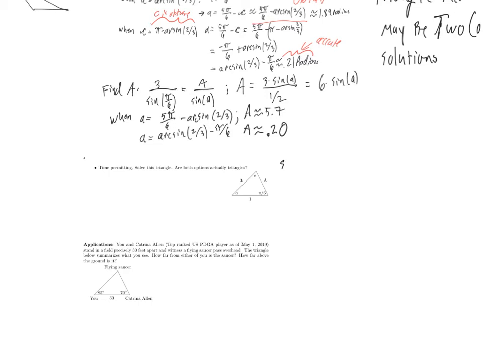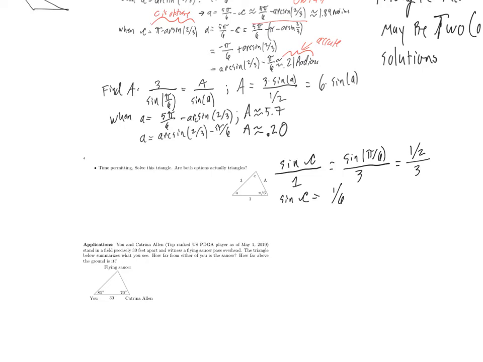So the sine of little c divided by 1 is equal to the sine of pi over 6 divided by 3. So that gives me the sine of c is equal to 1/2 divided by 3, which is 1/6.